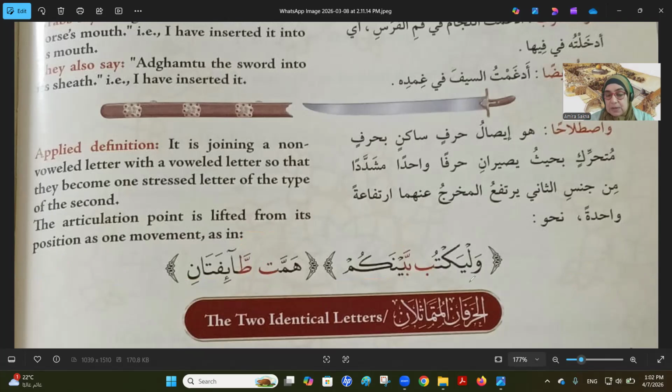I'm reading in the Quran now, and I don't know anything about the rule of idgham kamil or full merge, or idgham متماثلين or identical merge, or idgham متجانسين, similar letters merging. I don't know anything. So how am I going to pronounce it? The sign of full merging or idgham kamil in Quran is that the first letter will have no sukun.